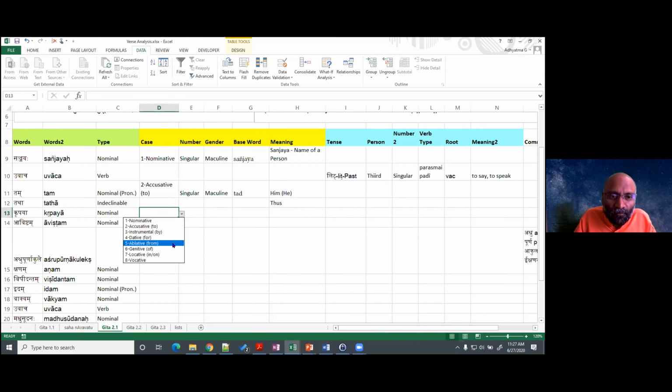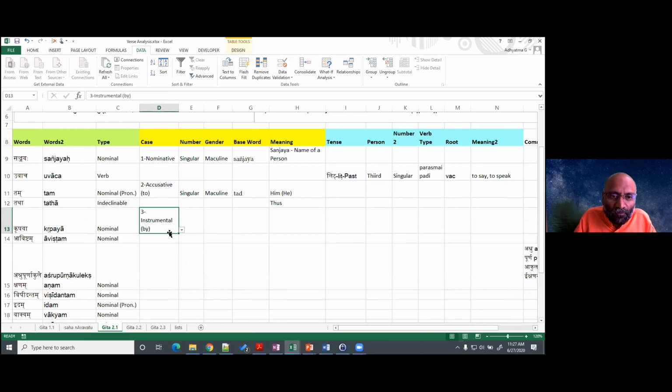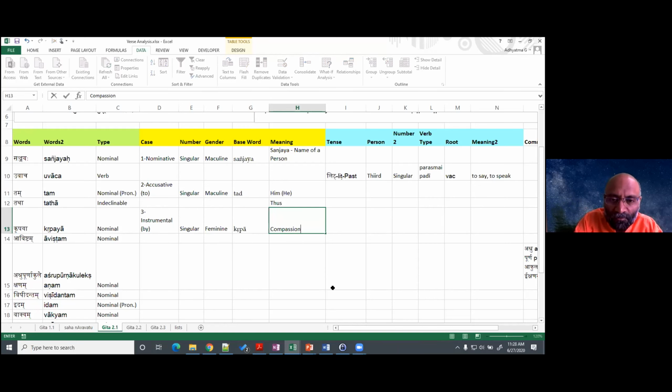Kripaya is in the instrumental case, singular, a feminine noun. Here the base word is kripa, and the meaning of the base word is compassion, pity.